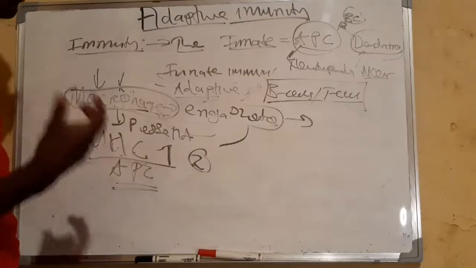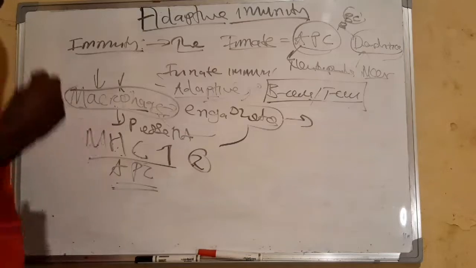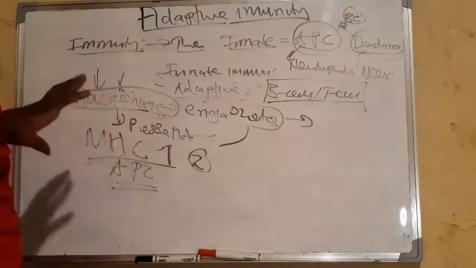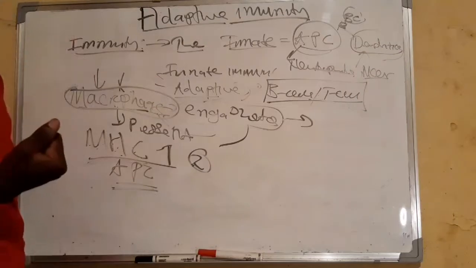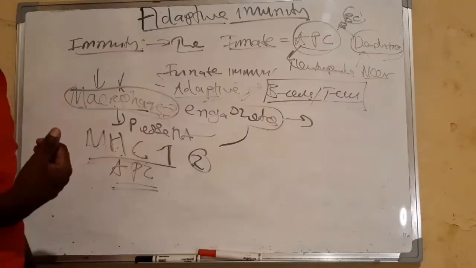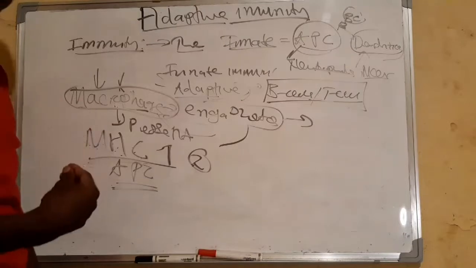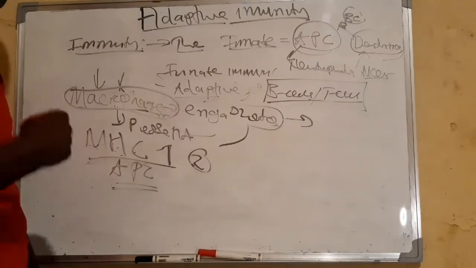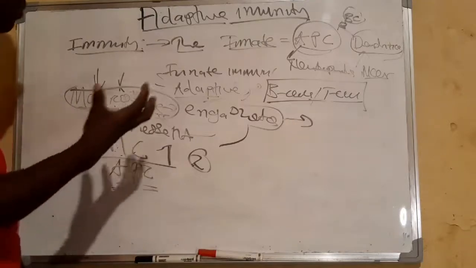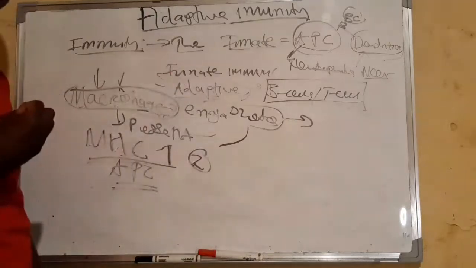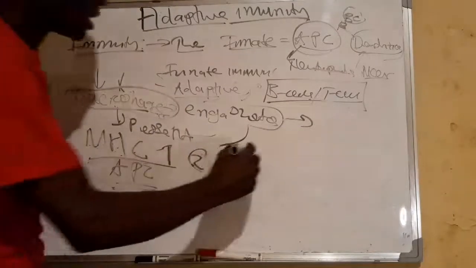Their role is to pick up the pathogen immediately when it enters the body, engulf it by phagocytosis, kill it, process the antigen, and produce the fragment of it as the evidence showing the T cells.